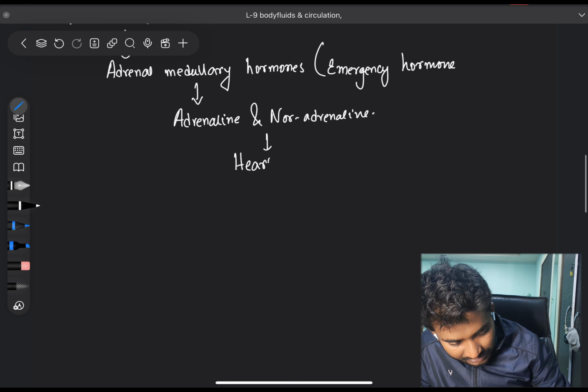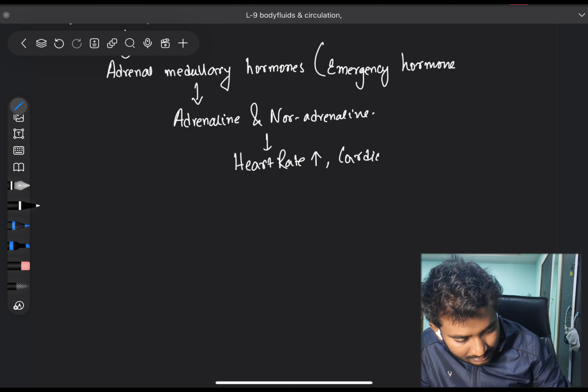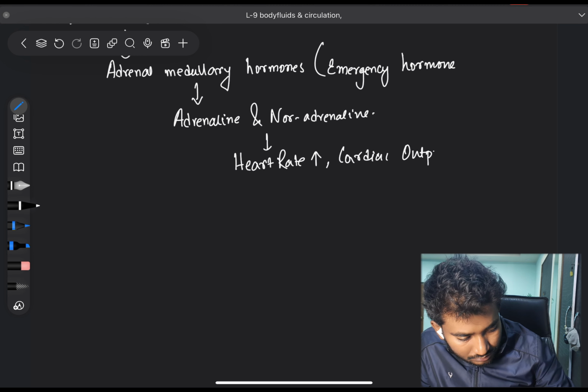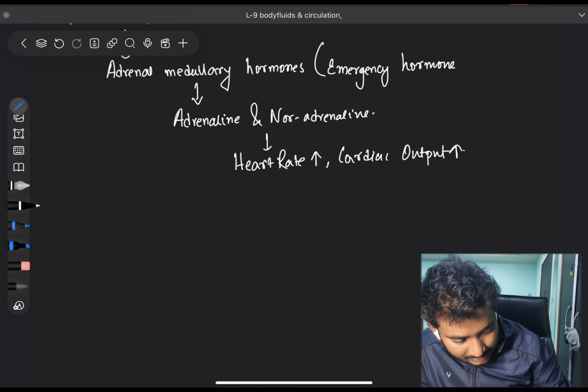Here the heart rate increases while the cardiac output also increases.